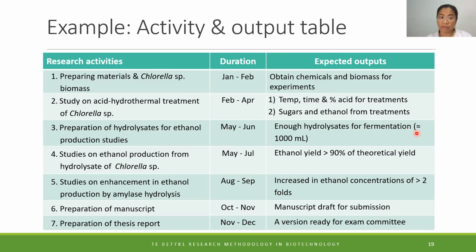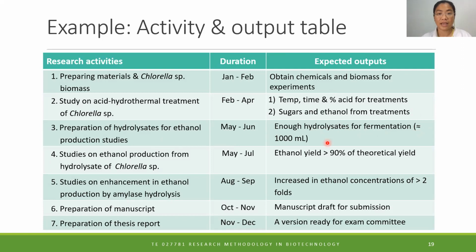Okay, in preparation, even though you said you prepare something, you have to have some aim. Okay, you have to have an aim that after you prepare these, how much of the thing you will get. For example, preparing hydrolysate for ethanol production study: enough hydrolysate for fermentation, about 1 liter.